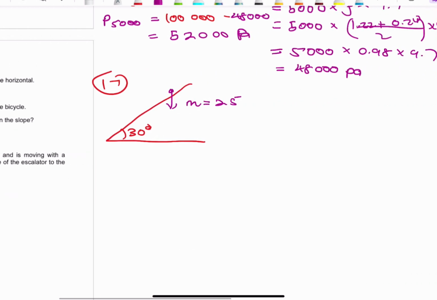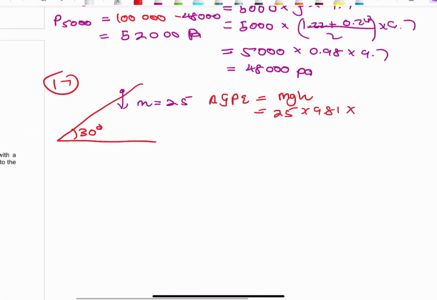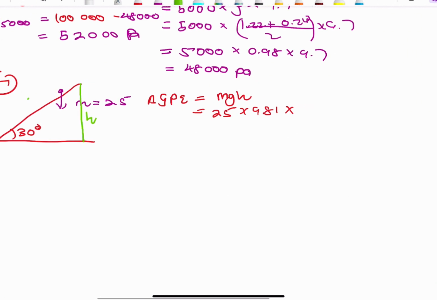So we need to find two things. Let's first find the gravitational potential energy of this boy, right? So the change in the gravitational potential energy, delta GPE, is usually going to be mgh, right? What is the mass? 25 multiplied by 9.81. The height is basically this height h that we want to find, and this is 20 meters, right?